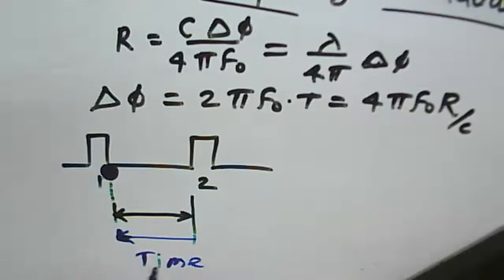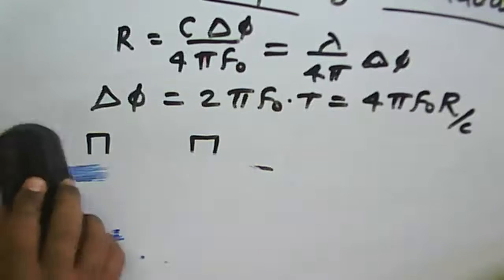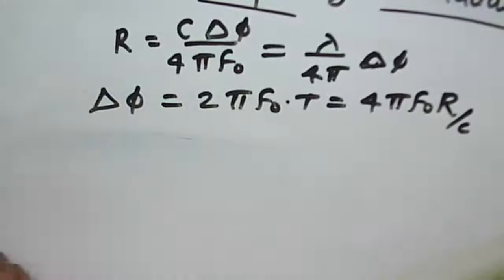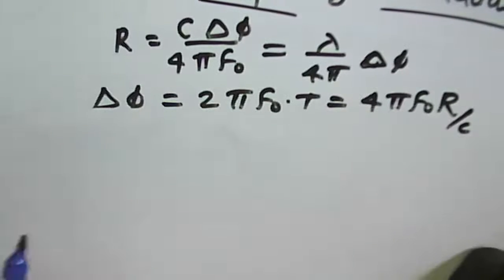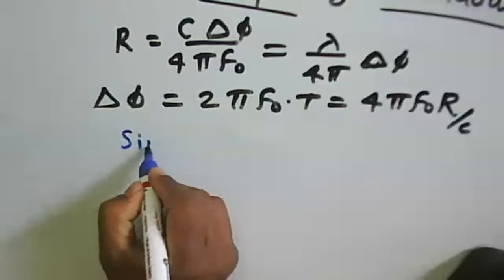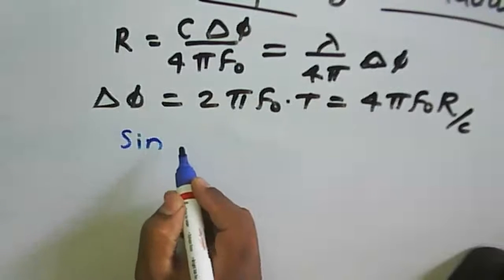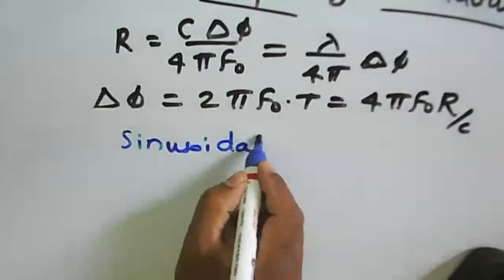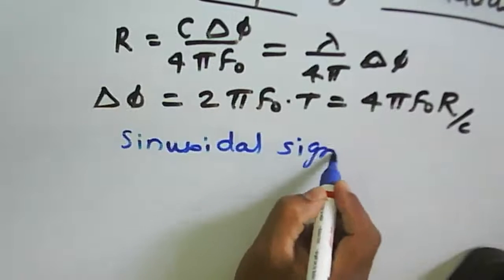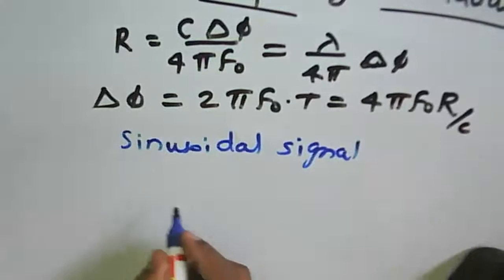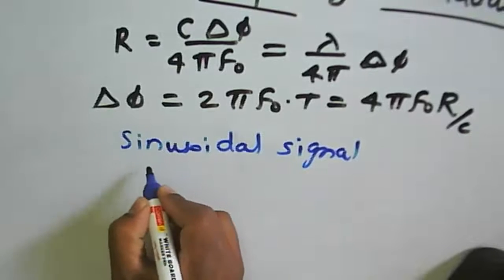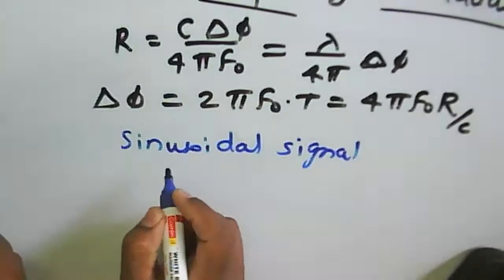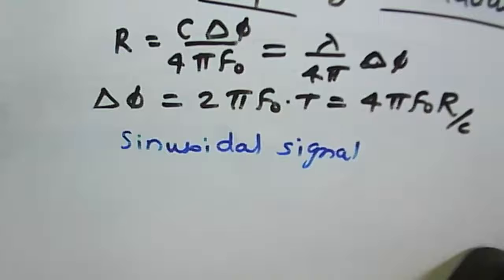Okay, so our aim is, if instead of a pulse we have a sinusoidal signal, okay, we have a sinusoidal signal. So in that case, for a sinusoidal signal, what is supposed to be received from the target or object?